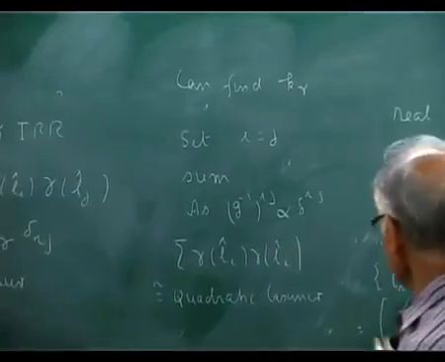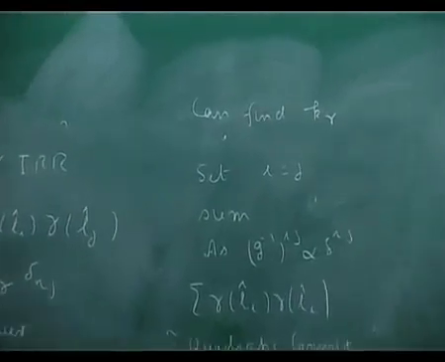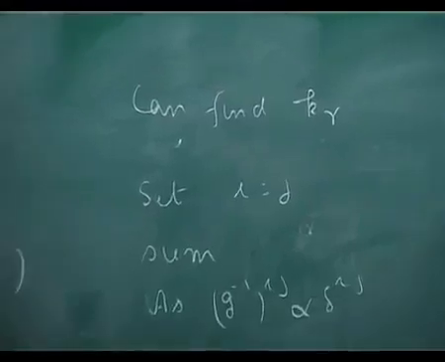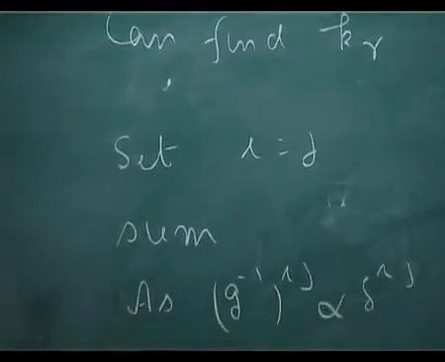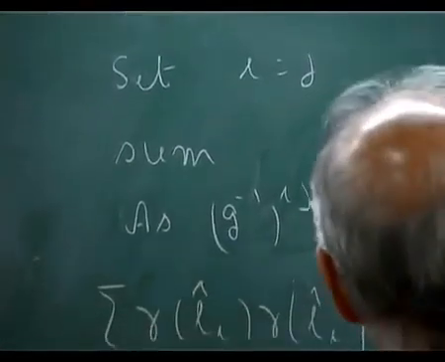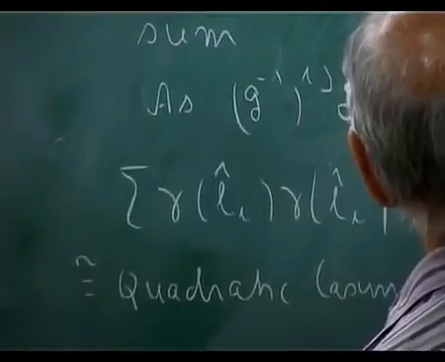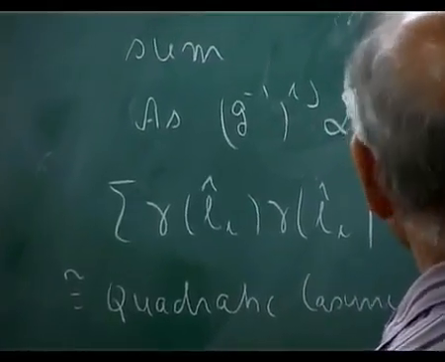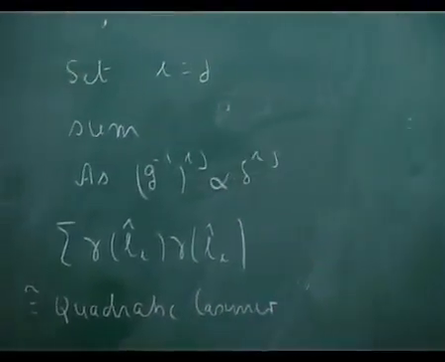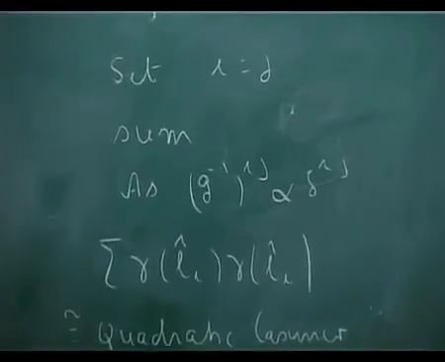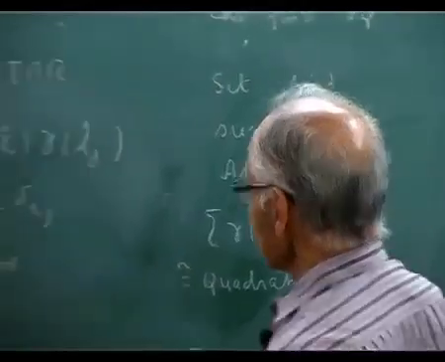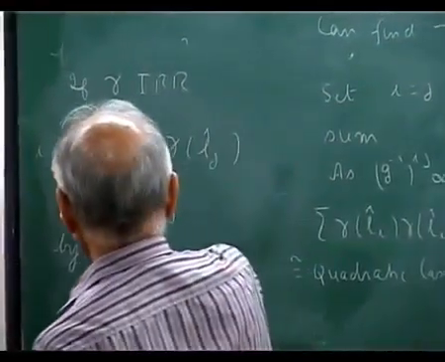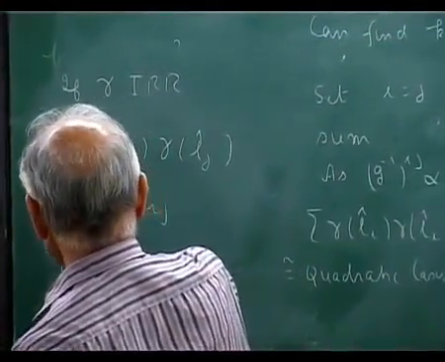Because otherwise I would have put a G inverse, but G is 1. So this is equal to some quadratic Casimir in the representation gamma times the unit matrix. So I put it here. This is a trace in the representation gamma.